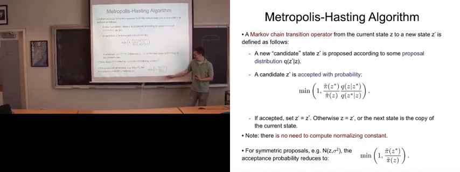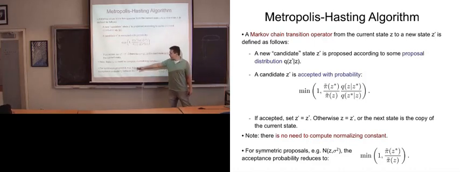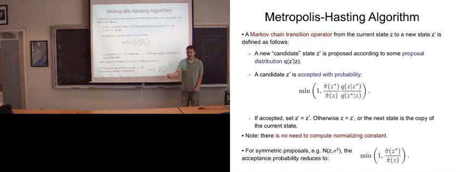Okay? And this has a good intuitive meaning, right? What does this say? If I have a proposal distribution and I sample something that's actually more likely under my posterior distribution than something that I had before, this is going to be greater than 1, which is good.